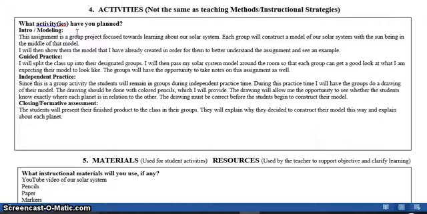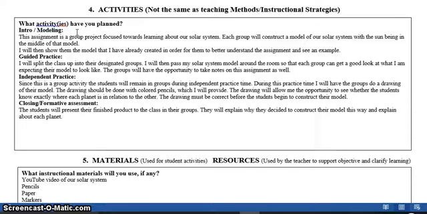So the drawing should be done with colored pencils, which I will provide. It'll allow me the opportunity to see whether the students know exactly where each planet is, just whether they really understand what they're doing, because if they can't draw a picture, then they're not going to be able to create a model.